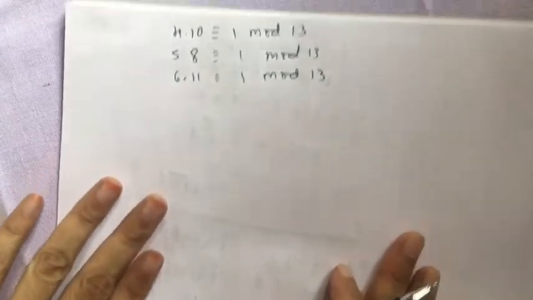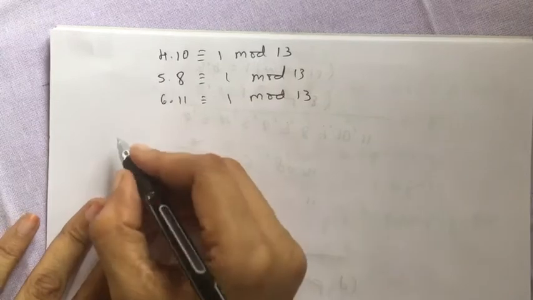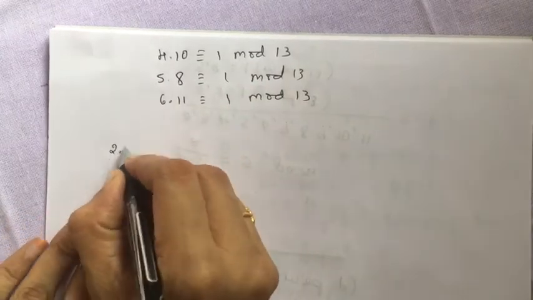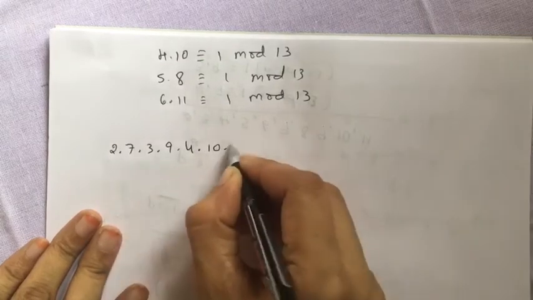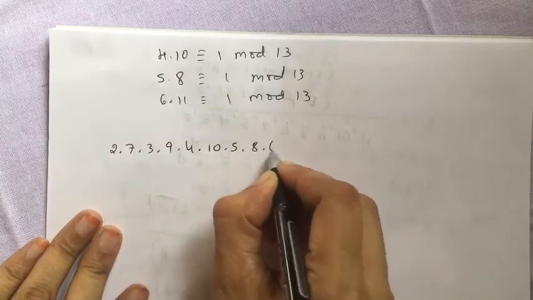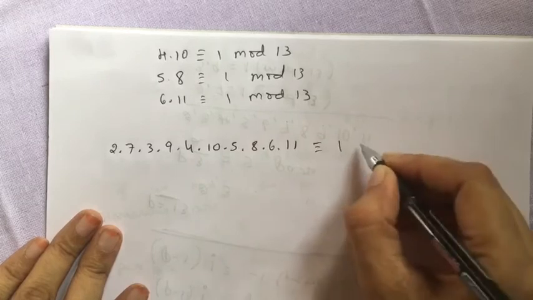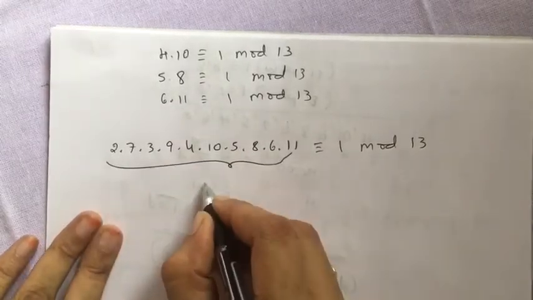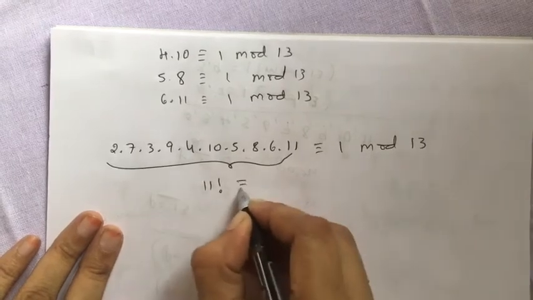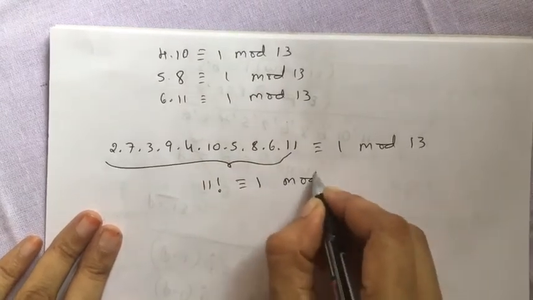Now you multiply all this. What are you going to get? 2 into 7 into 3 into 9 into 4 into 10 into 5 into 8 into 6 into 11, which is congruent to 1 mod 13. Which is nothing but 11 factorial is congruent to 1 mod 13.